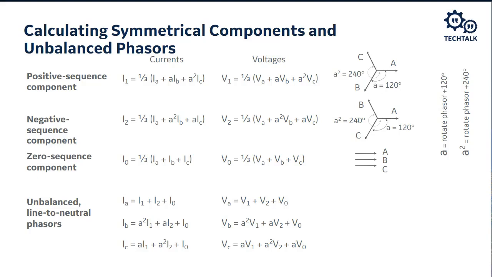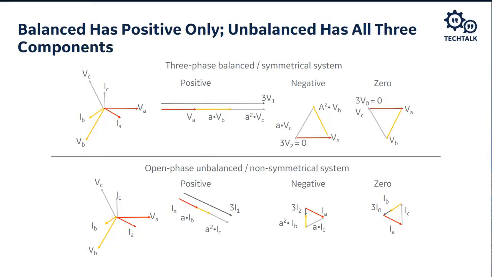So, with that said, let's look at what this concept of the A operator does. If I look at a balanced three-phase system, like we have at the top half of the slide, so VA, if I'm going to sum VA plus the A operator times VB, and the A squared operator times VC, well, VB is sitting down there at minus 120 degrees.